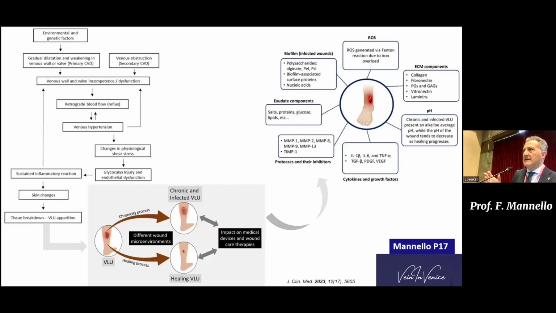The CEAP classification from C0 to C6 is able to identify different steps of evolution of this disease, and the change in inflammatory pathways, in alteration of cells and tissue modification, may be able to sustain the inflammatory condition of the microenvironment in the endothelial cells, leading to skin changes and, of course, to tissue breakdown, and also the appearance of venous ulcers that may be importantly sustained by several biochemical aspects.